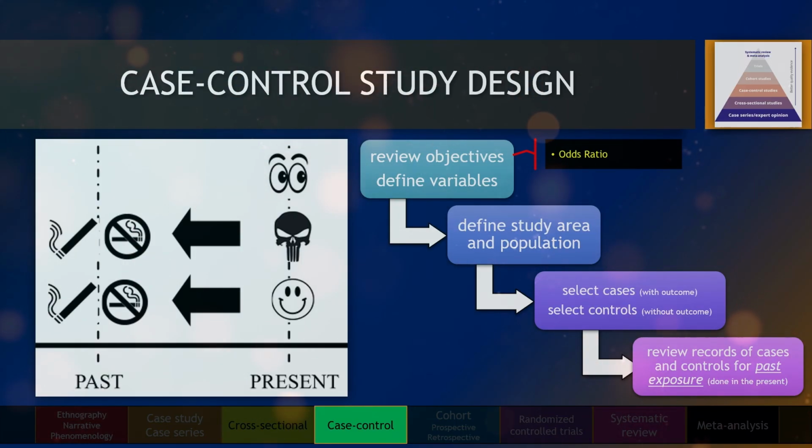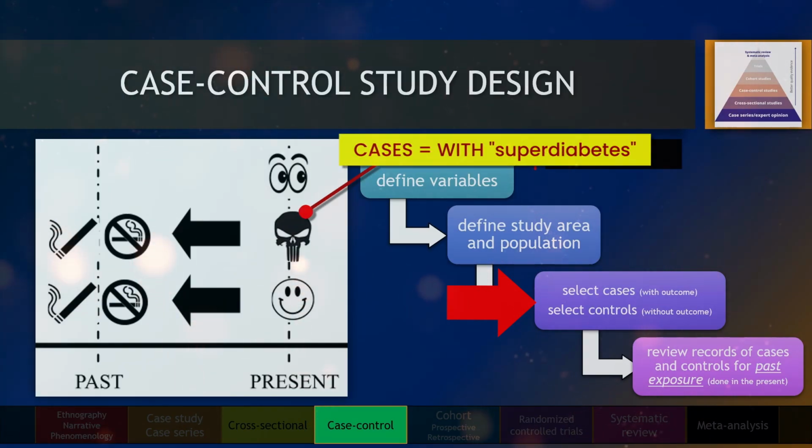After you define your study area and population, you need to select both your cases and controls, hence the name Case Control Study Design. Cases are defined as respondents with the outcome. Take note, to be able to select cases, you need to already know people with the outcome of interest. In our case, those with superdiabetes.